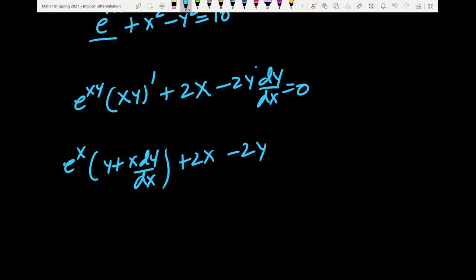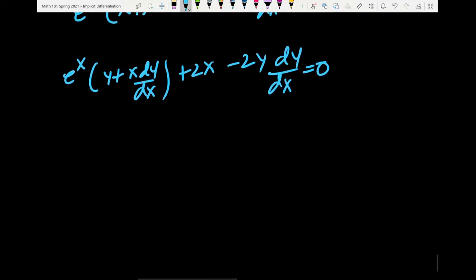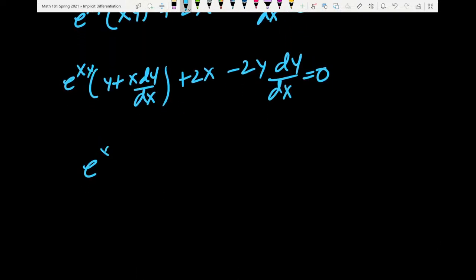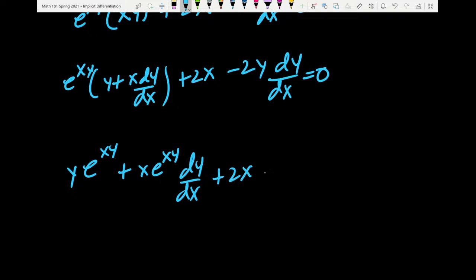Do you guys see why this problem is a little bit tricky? And then I just distribute the y e to the xy, x e to the xy dy/dx, plus 2x minus 2y dy/dx equals 0.